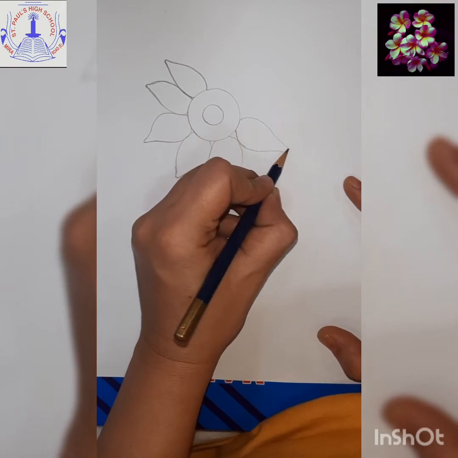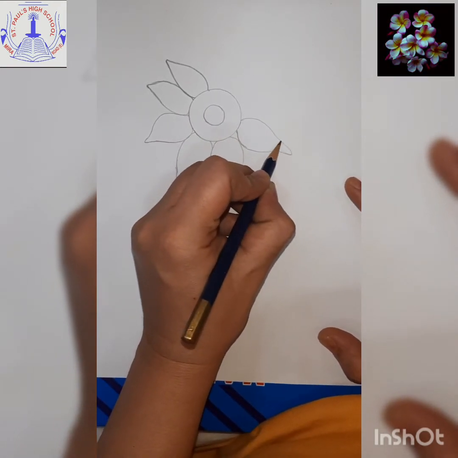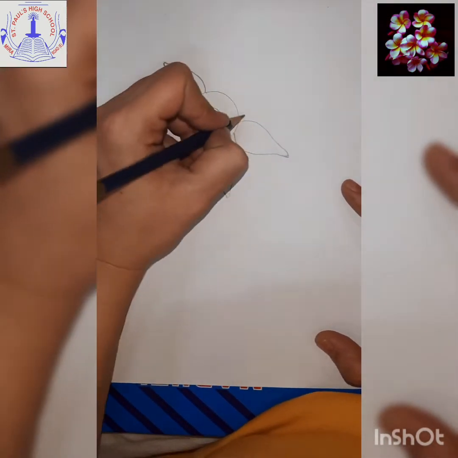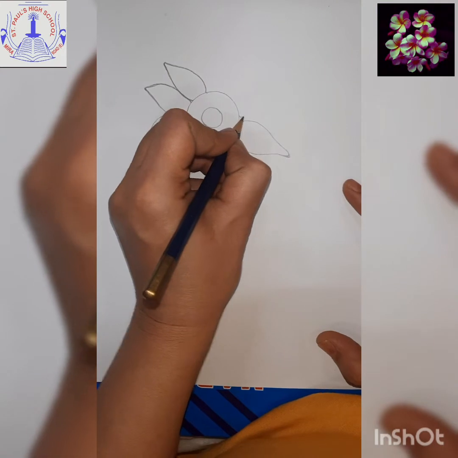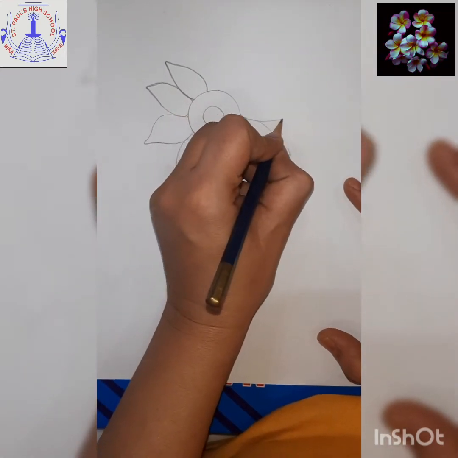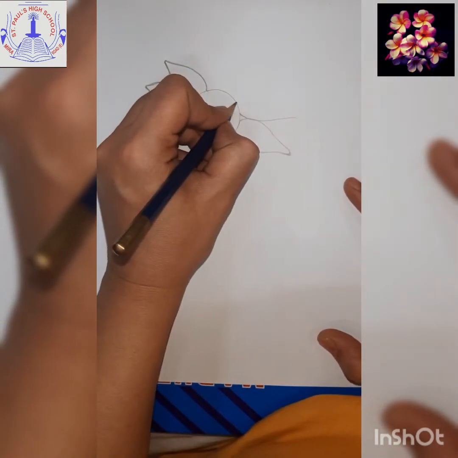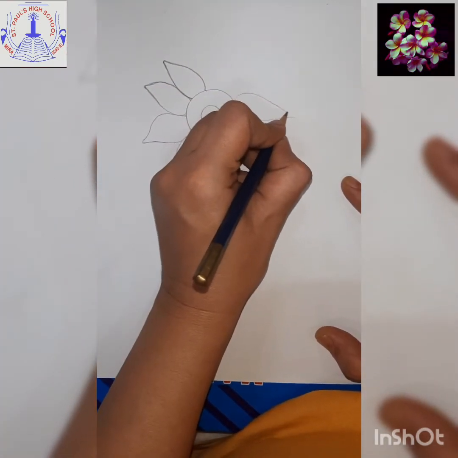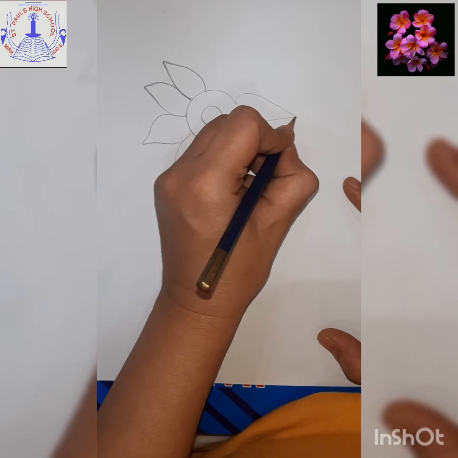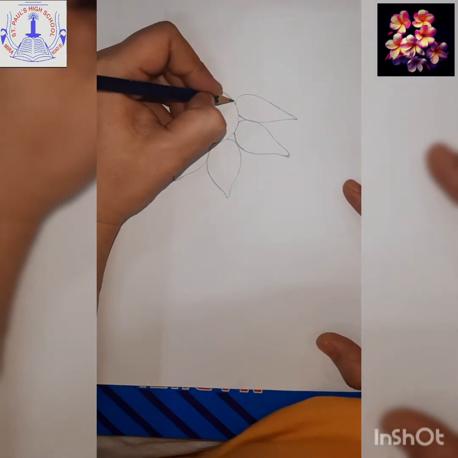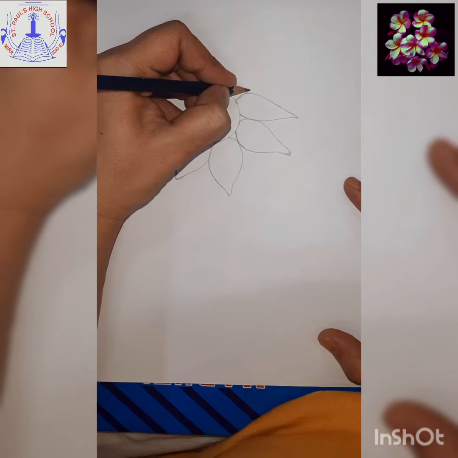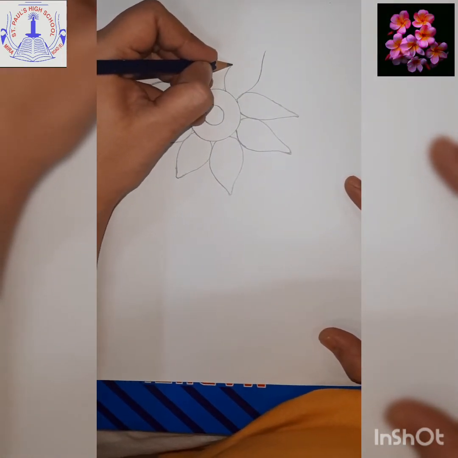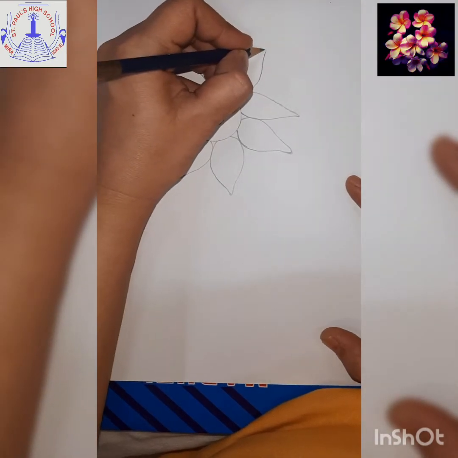So this way you have to make curves. All the petals should start from the circle point. You can turn your book if you find it difficult to draw. This way, give a little wavy shape and curve on top.